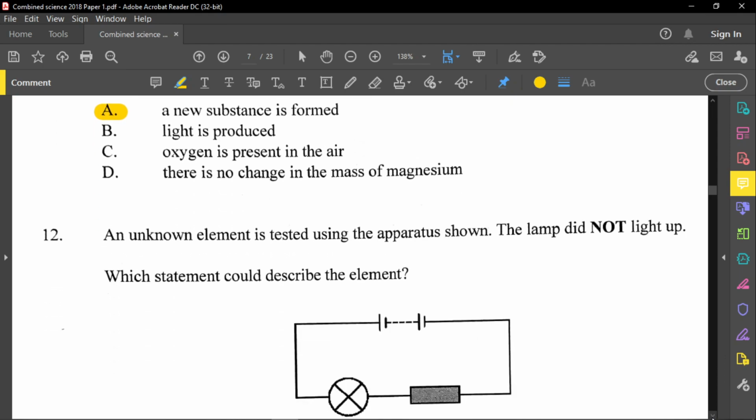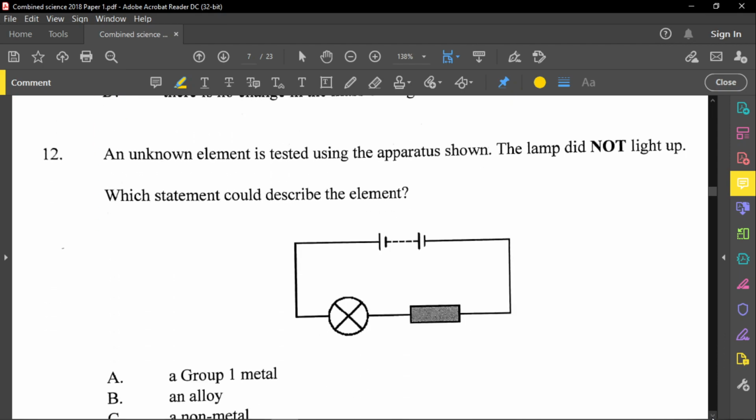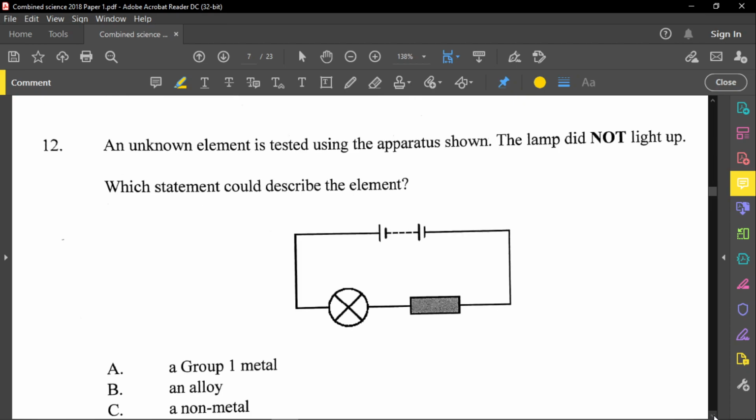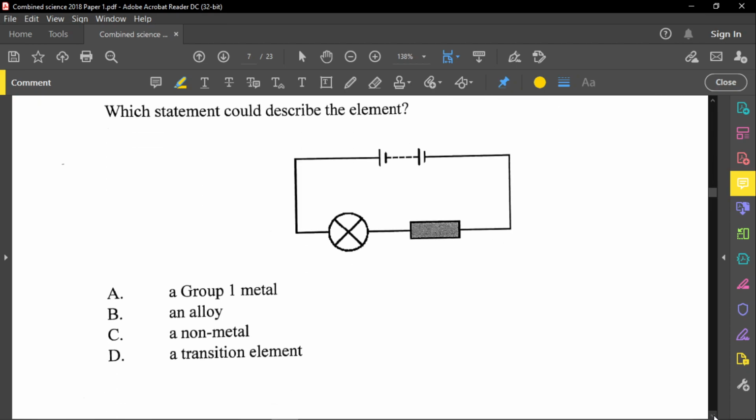For number 12, it says an unknown element is tested using the apparatus shown. The lamp did not light up. Which statement could describe the element? First and foremost, the element here is an insulator. If it's a metal, it will transfer electricity, so metals are conductors.